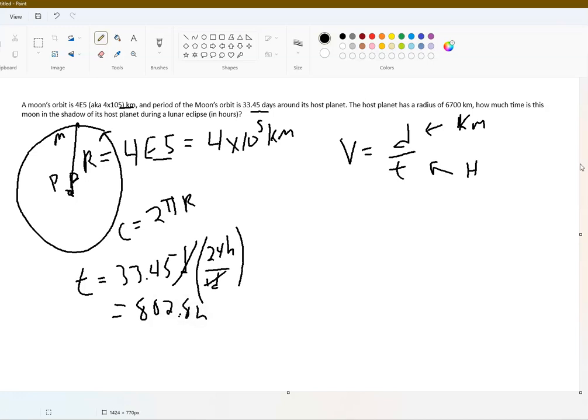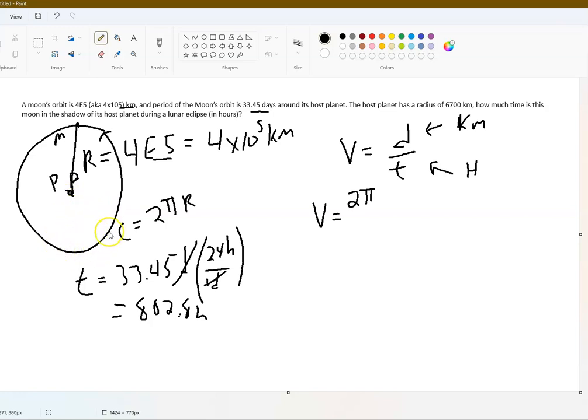Now we can continue this problem. We basically have almost all the information to get the velocity. The velocity of this particular moon is the distance that it travels, which, since it's traveling in a circle, and it's approximately a circle, is the circumference. It's actually not technically a circle. It's what's called an ellipse. We'll learn more about that later when we talk about Kepler's first law of planetary motion.